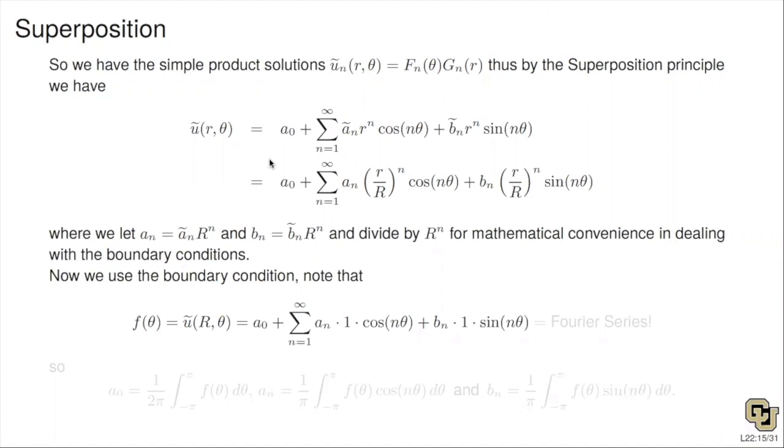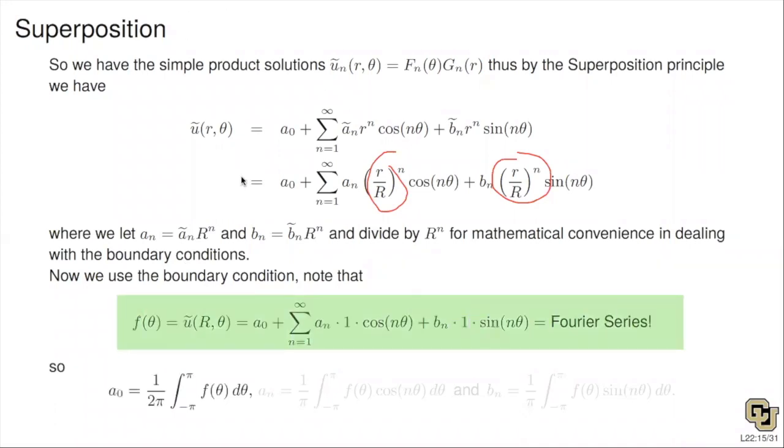So for the boundary conditions, if you let little r equal capital R, so that's where this notation helps, we get a Fourier series. And now we're back to doing our usual Fourier series games that we know so well how to do.